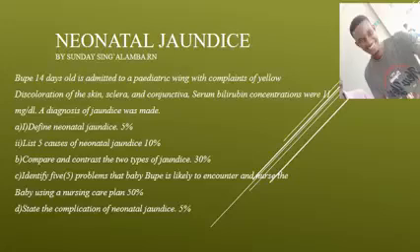In other words, unconjugated bilirubin is also known as indirect bilirubin. On the other hand, conjugated bilirubin is also known as direct bilirubin. That is briefly how bilirubin is formed.